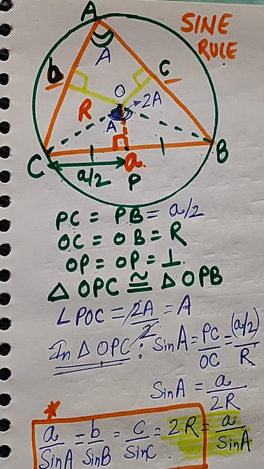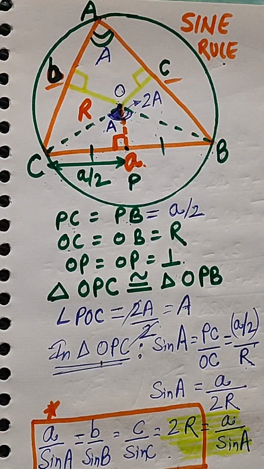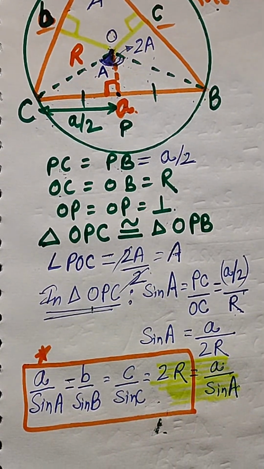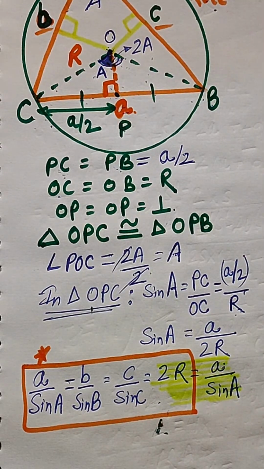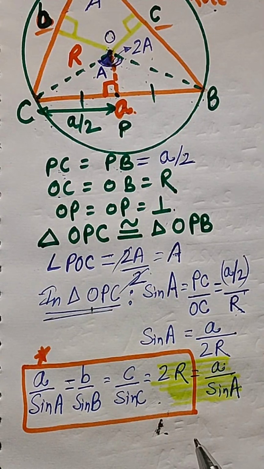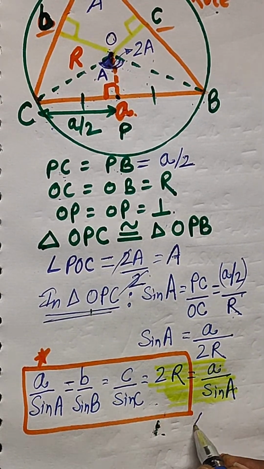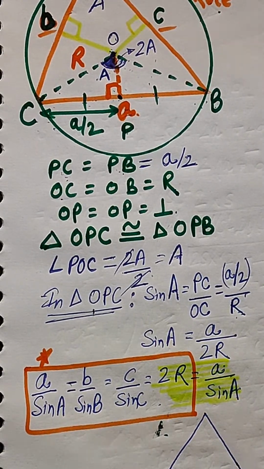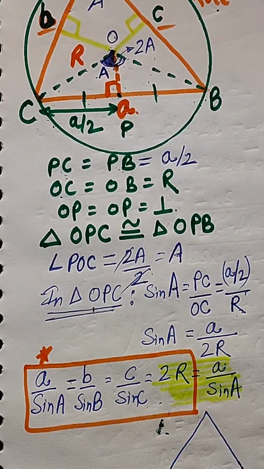Now from here, let us say we have a triangle. I am going to the second part. If we have an acute angle triangle ABC, then definitely all the angles of that triangle are less than 90 degrees, right?